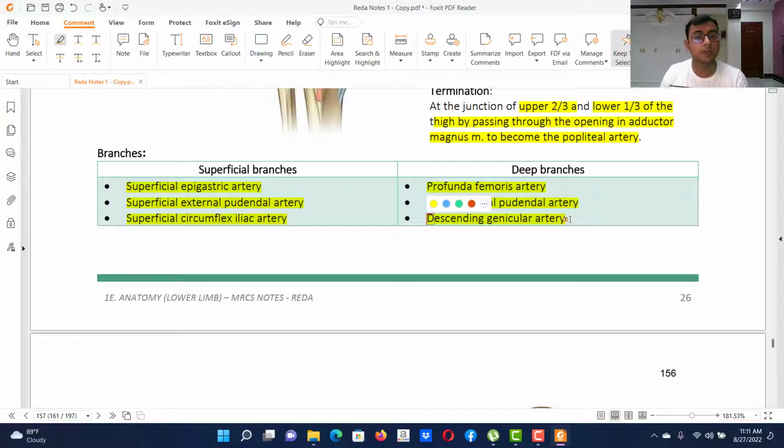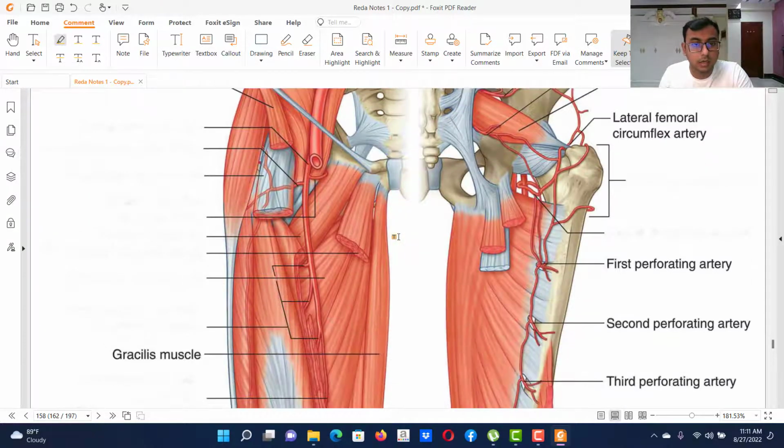If the femoral artery is blocked, or if the actual artery of the knee joint is blocked, then the genicular artery will give supply to the knee joint as a collateral. So the profunda femoris artery is a deep branch of the femoral artery, along with the deep external pudendal and descending genicular, while the superficial external pudendal is a superficial branch. Remember that very clearly.